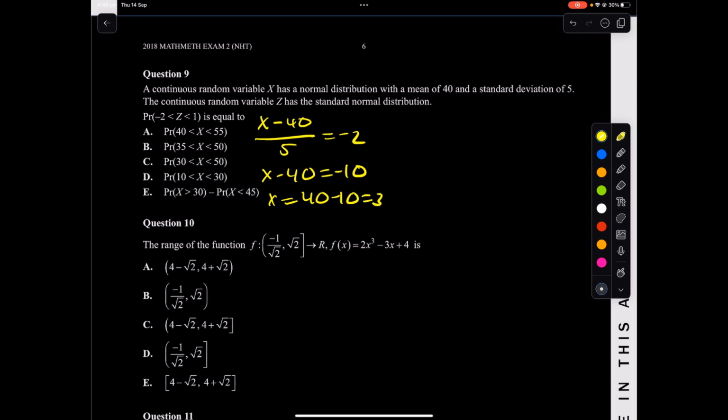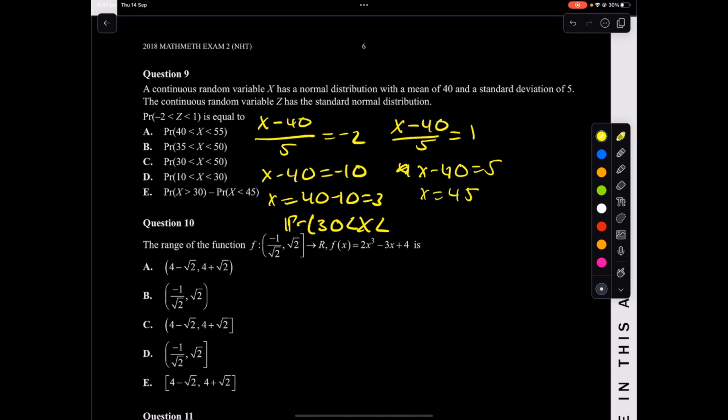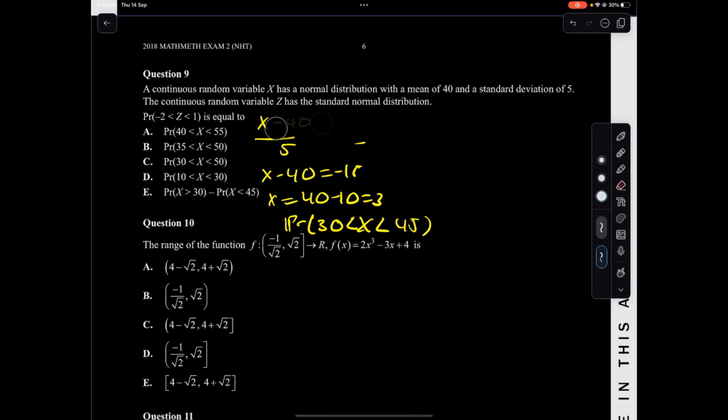So it'll be the probability of 30 less than x less than, so x minus 40 over 5 equals 1, x minus 40 is 5, x equals 45. So that's that. Is that one of the solutions in here?